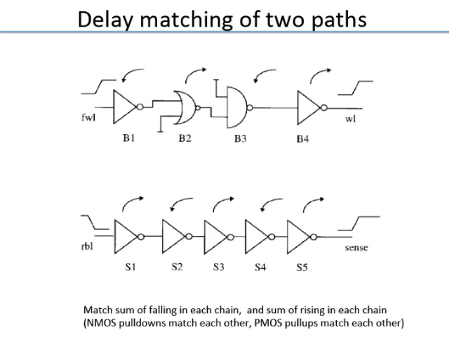So try to match like to like. So here what you have to do is, if you can match the sum of delays of falling to the sum of delays of falling on the other chain, and similarly the sum of delays of rising to the sum of delays of rising in the other chain, then you will have a reasonably good match across different process conditions.